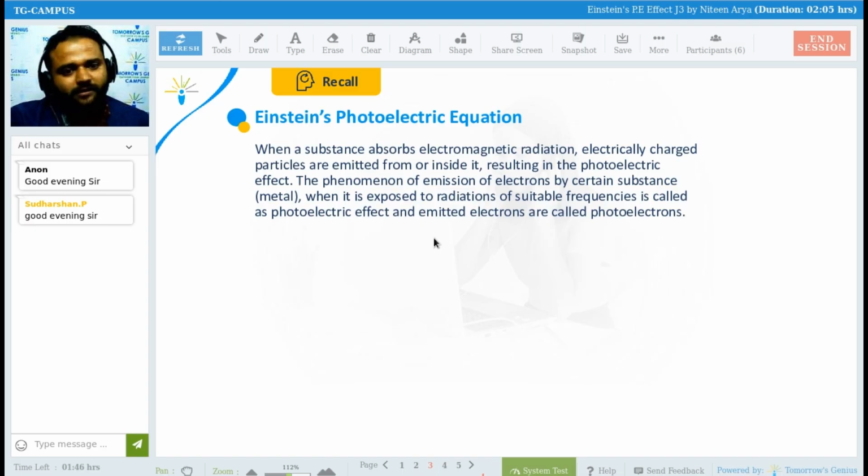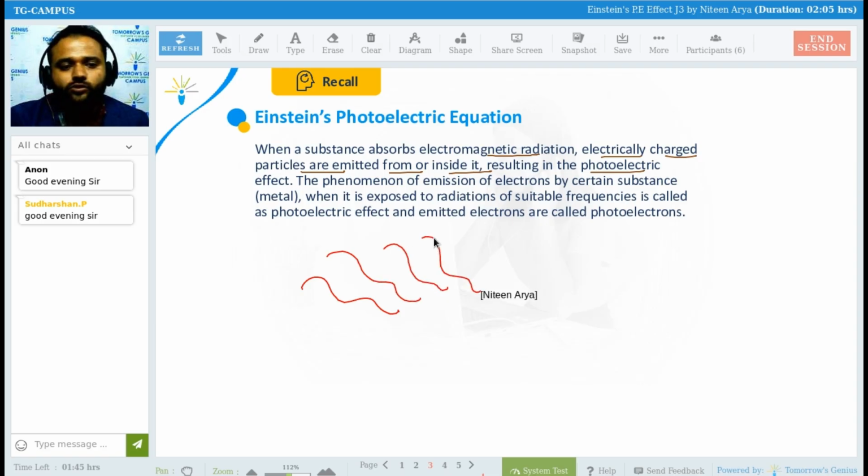So Einstein's photoelectric effect, the same photoelectric effect, nothing changed. When a substance absorbs electromagnetic radiation, electrically charged particles are emitted from or inside it, resulting in the photoelectric effect. Okay, what is it now? It is something new. As we know from the first book, any particular radiation or light source is basically an EM wave.